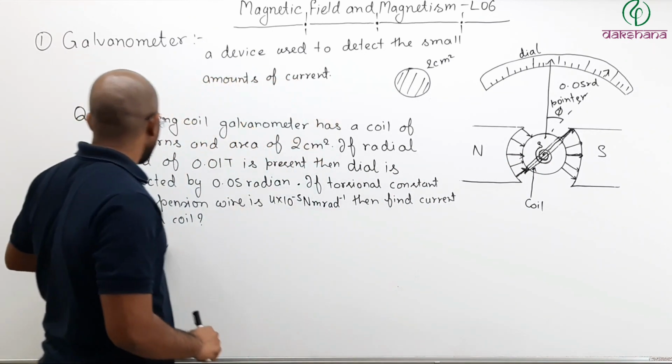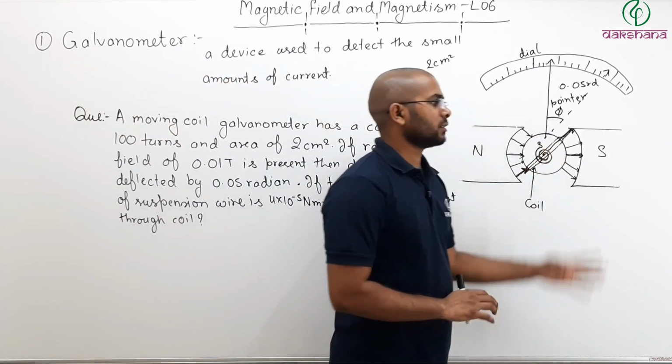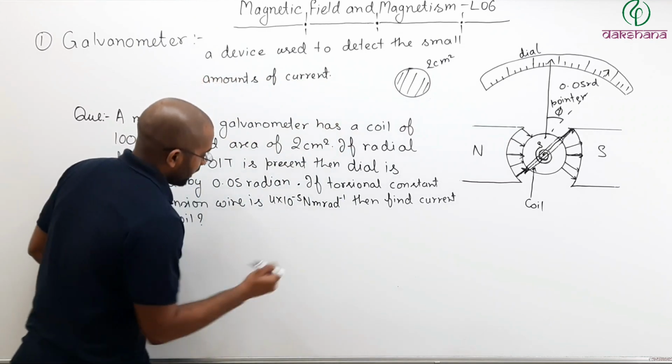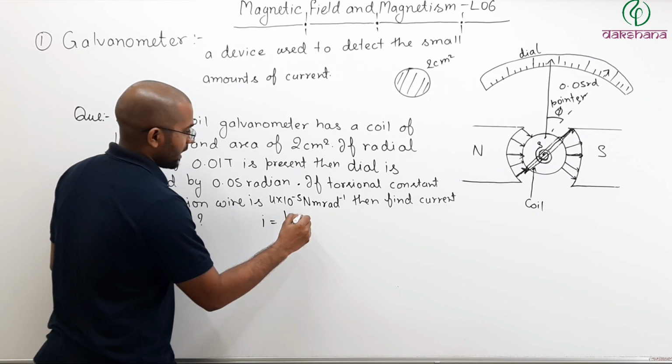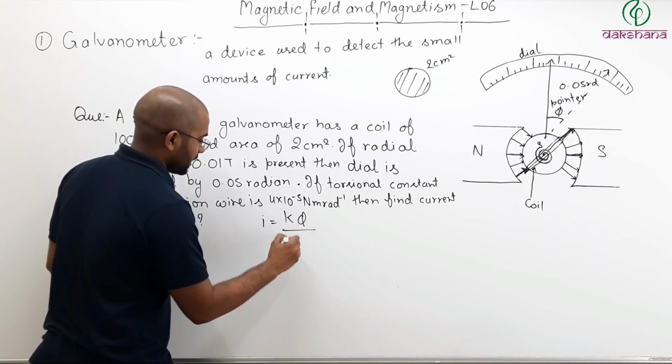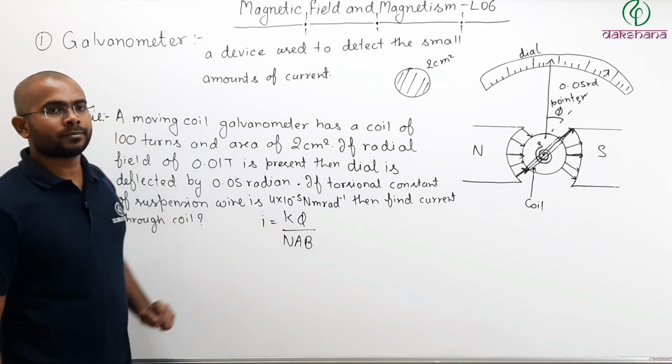Then find the current through the coil. We have to find out how much current is passing through the coil. Now we have already studied the formula. Current is what? K times phi divided by NAB. What is K?